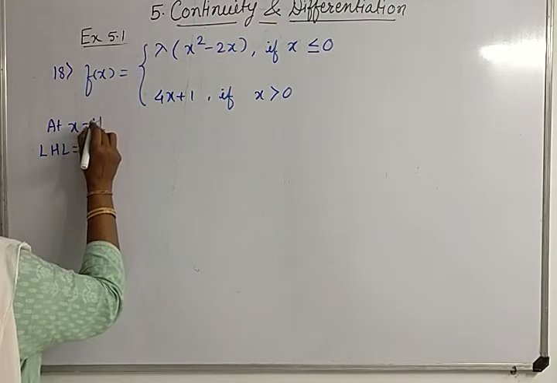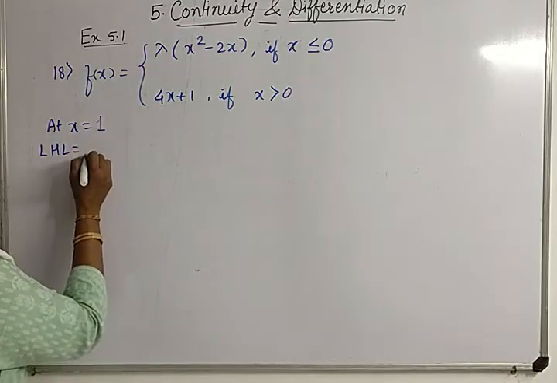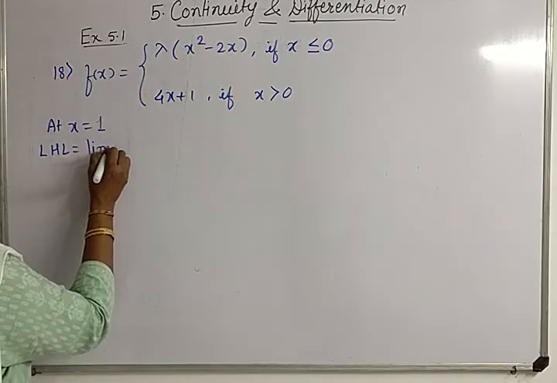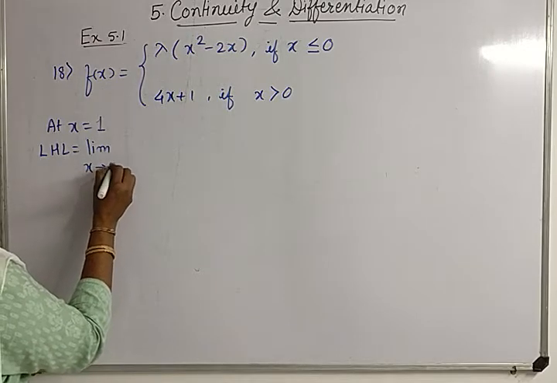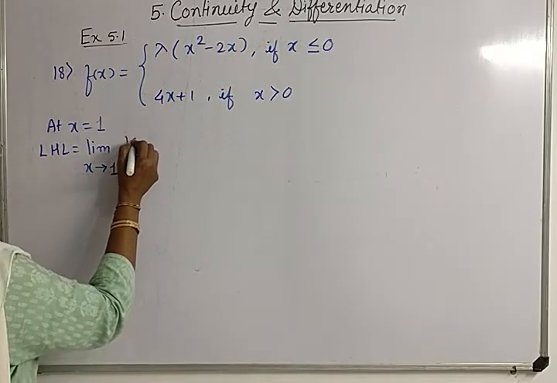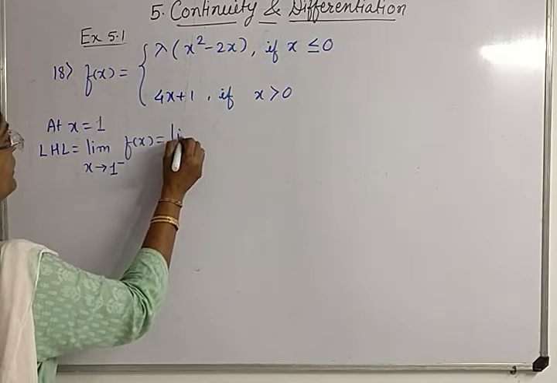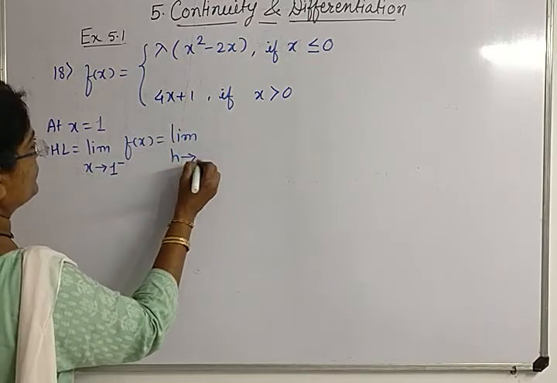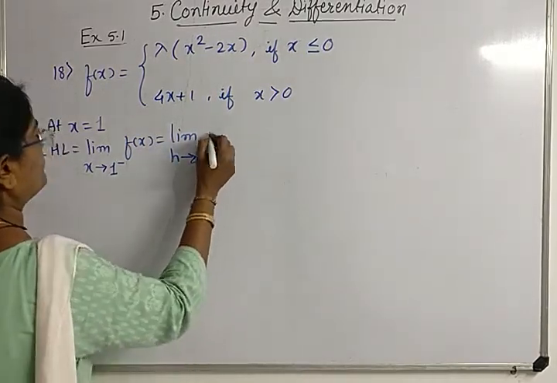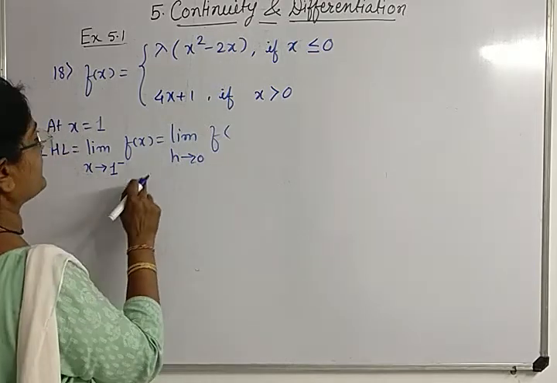At x equal to 1, left hand limit equal to limit as x tends to 1 negative of f of x, equal to limit as h tends to 0 of f of 1 minus h.